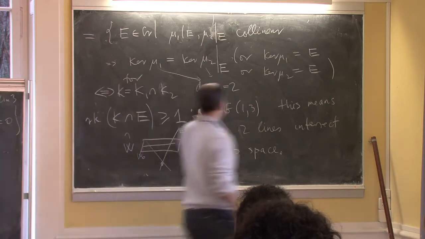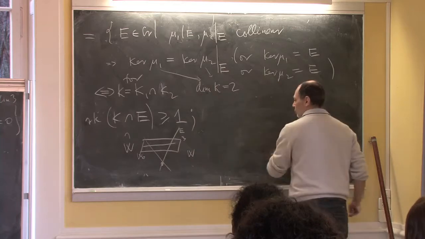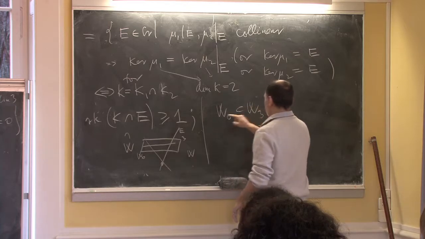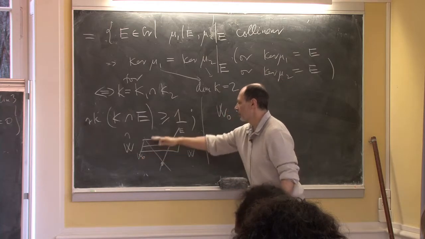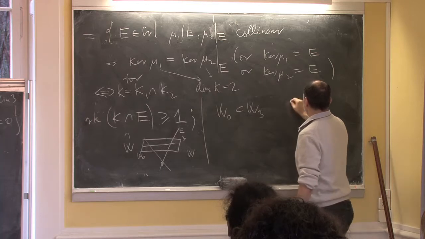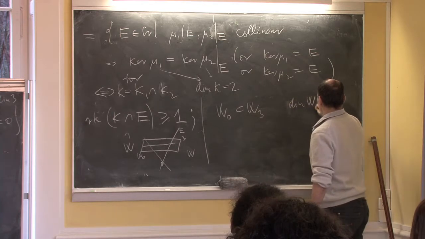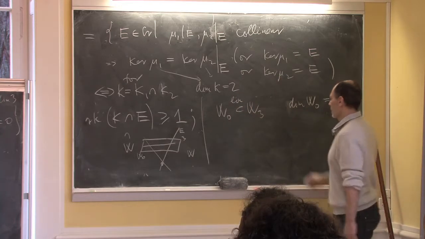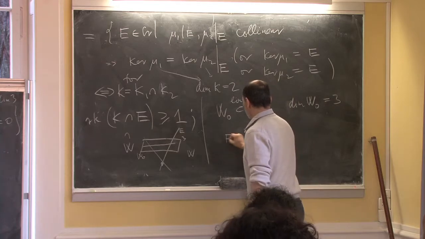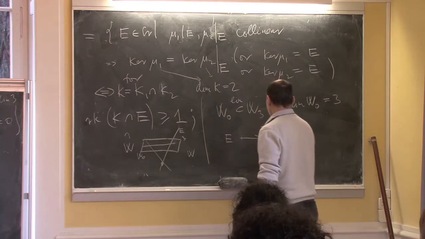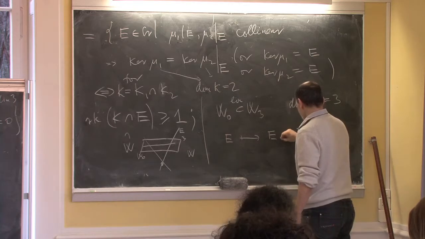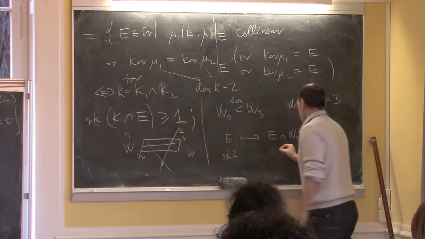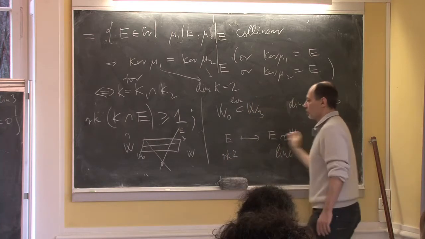I should write it here. Let me explain, just to be sure this is clear. So I have W0, a three-dimensional affine linear subspace, and then for each E, for example, which is two-dimensional, you can associate E intersection W0, which was rank 2 and is now just a line, rank 1, because you lost one dimension here.